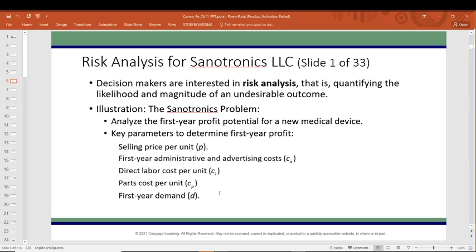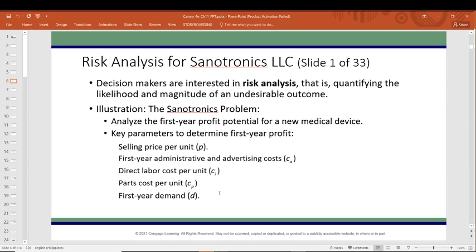Inspired by experiences with family members who have battled cancer, Sonatronics founders have developed a prototype for a new device that limits healthcare workers' exposure to chemotherapy treatments while they are preparing, administering, and disposing of these hazardous medications. The new device features an innovative design and has the potential to capture a substantial share of the market.